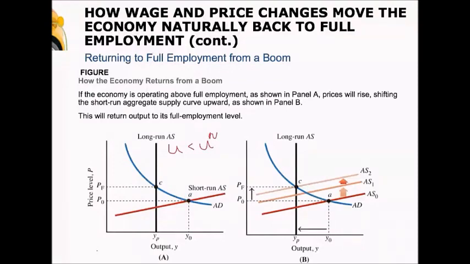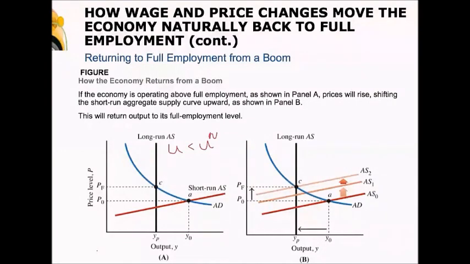Again, this is once we leave the short run. So in the short run, we can have actual output greater than potential output. Eventually, prices and wages will start to rise, and that's going to shift the aggregate supply curve up, and that shift will continue until we get output back to potential output. Now, this is how the economy automatically recovers from a boom where output is too high.